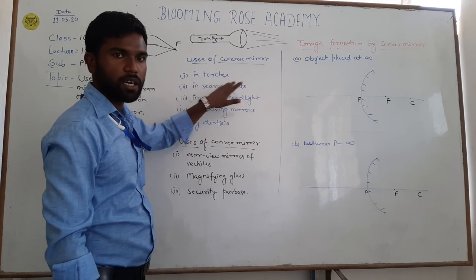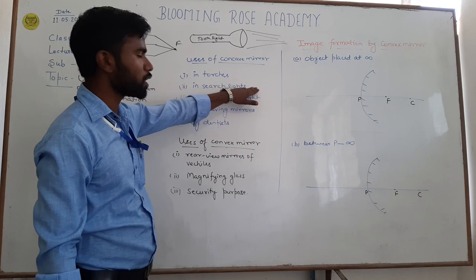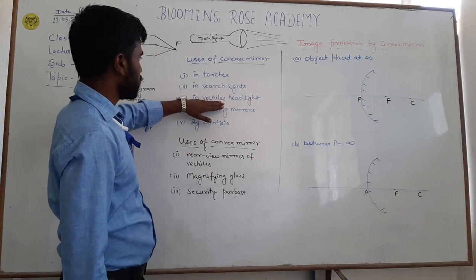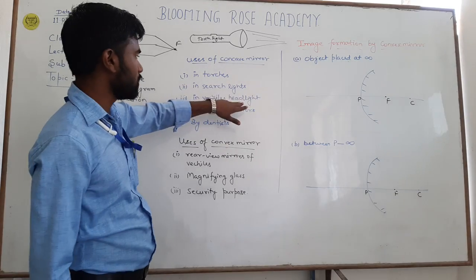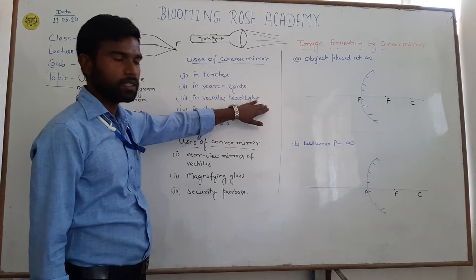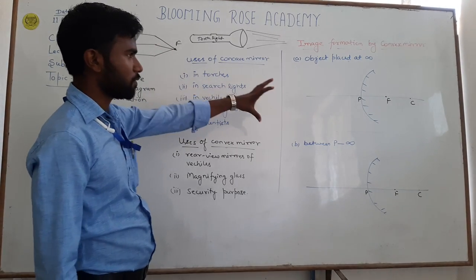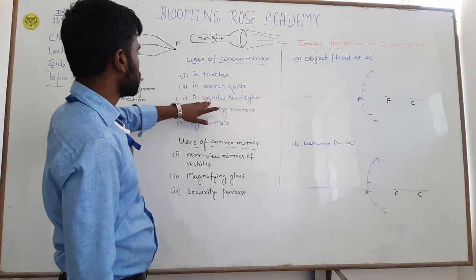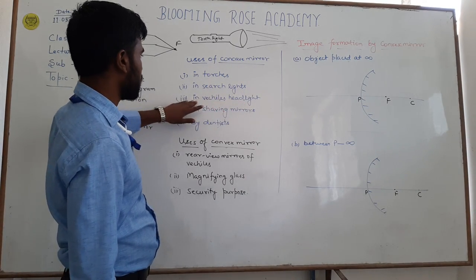Also in a searchlight, a large beam is concentrated at a place to see accurately what we are searching. In vehicle headlights, in motorcycles or cars, the beam of light is focused on the road, due to which we clearly see the road and drive easily.